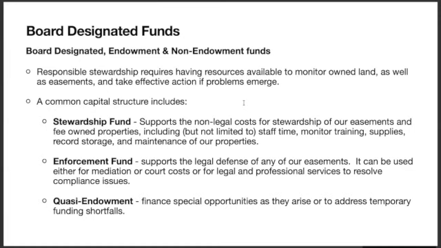But on the other hand, a board designated fund for, say, property stewardship, could be set up. The board is sort of restricting the purpose of that pot of money. But if they're not using the word endowment, then they're not saying that the principal has to be left untouched, right?